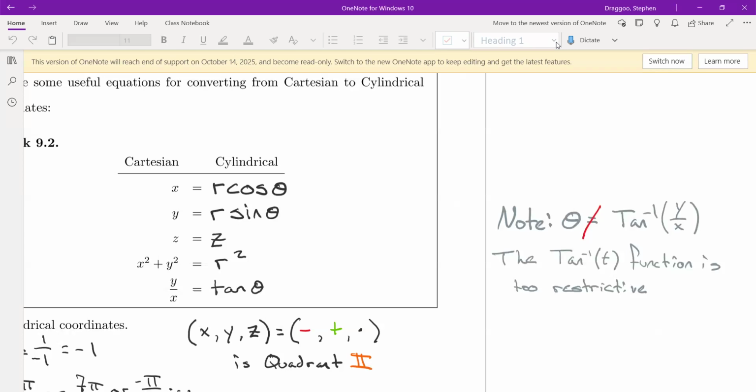So if you've seen me for trigonometry before, this will sound a bit familiar. The inverse trig functions are very good at finding reference angles, but they're not very good at finding solutions. So most of the time, if we're going to use an inverse trig function, we're going to have to think about where our angle should be and then adjust our answer accordingly.